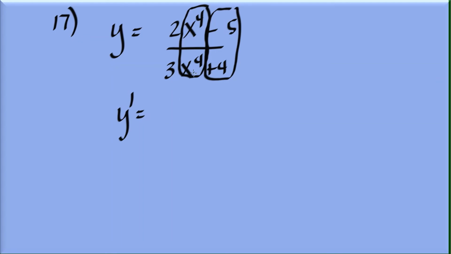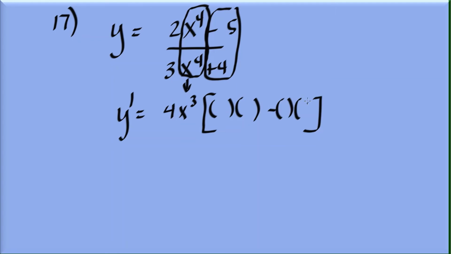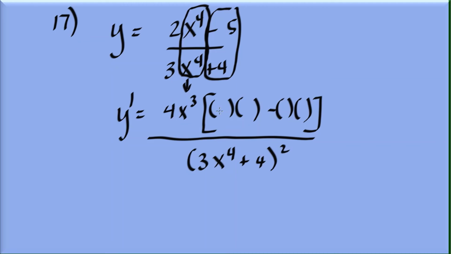So the shortcut is first you get the derivative of this variable x to the fourth, which is 4x cubed, and then multiplied by AD minus BC, okay, over that same denominator 3x to the fourth plus 4 squared. So AD minus BC. So our A is 2, D is 4, minus B, our B is negative 5 times C, which is 3.